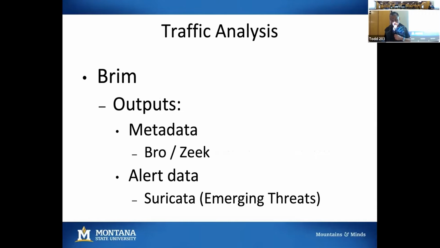All right, so we're going to look at some of the traffic analysis in Brim. Brim is going to look specifically at two tools. Zeek is one of the tools out there for monitoring information. Think of intrusion detection systems or host detection systems, which store monitoring information in a certain way.